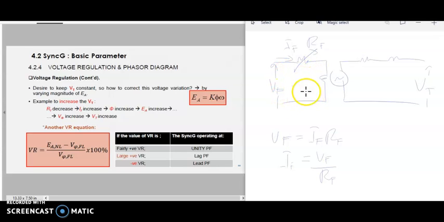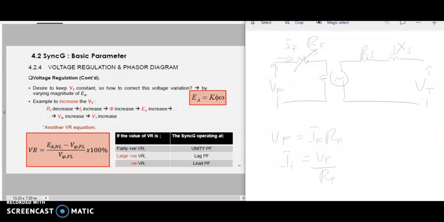You can see V field is on the left side, meanwhile your terminal or armature circuit is on the right side. So this is your RS, this is your JXS.